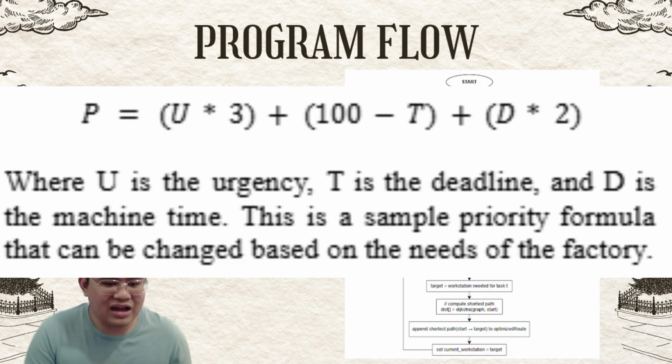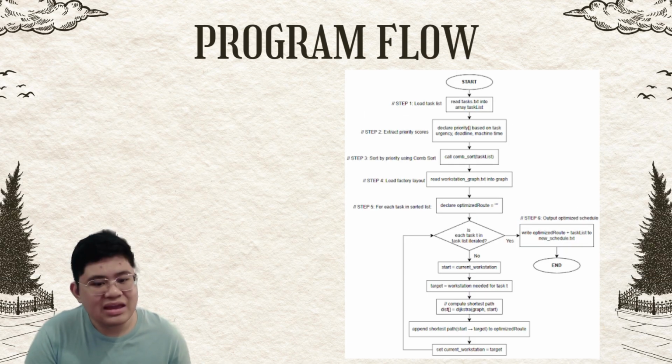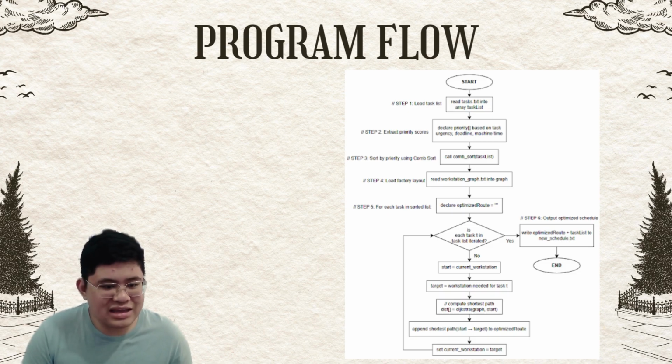This formula gives higher priority to the tasks that are more urgent, have shorter deadlines, or require longer machine processing time. The priority values will guide the scheduling sorter in the next step. For our sample tasks, this computation results in priorities ranging from 104 to 128. This ensures that the program will process the most critical tasks first.